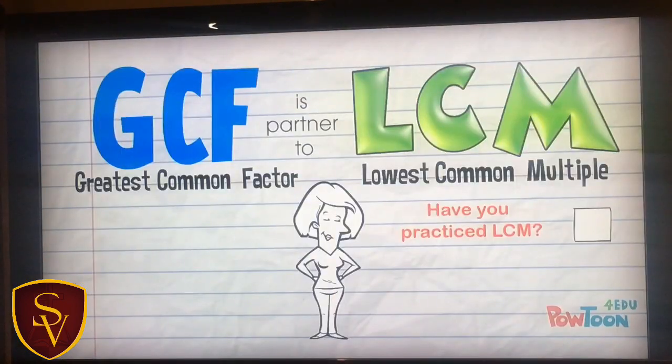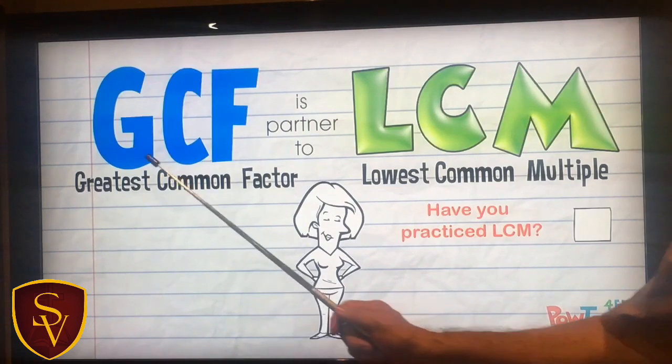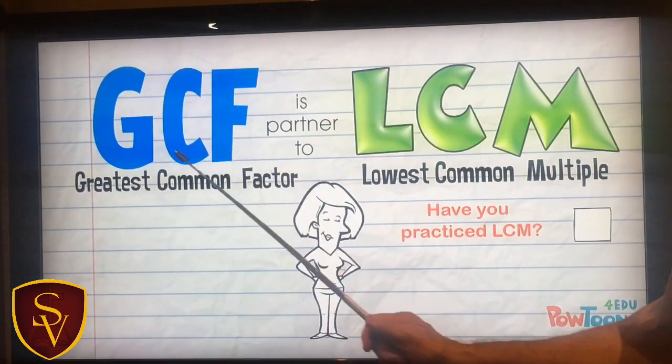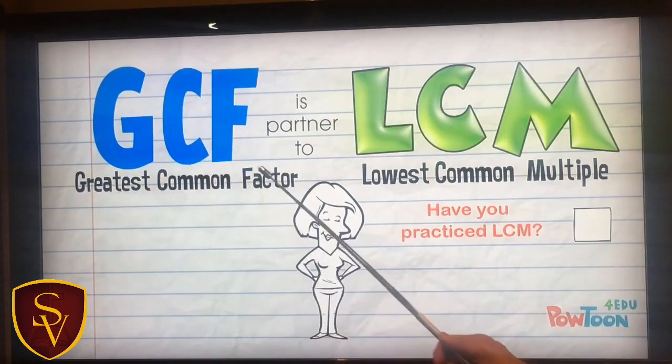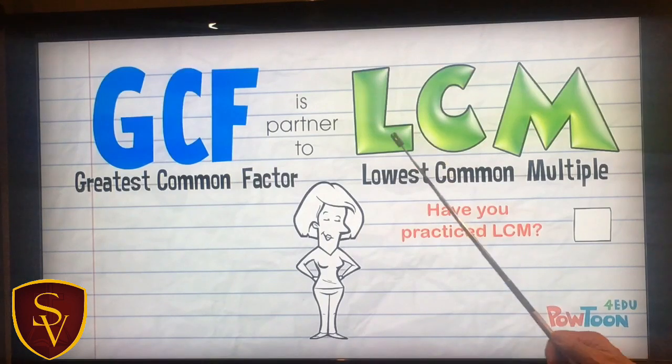Okay, once we know how to find the prime factors using the three methods, what's important to know is how to find the GCF and the LCM. The GCF means the greatest common factor, and the LCM is the least common multiple.